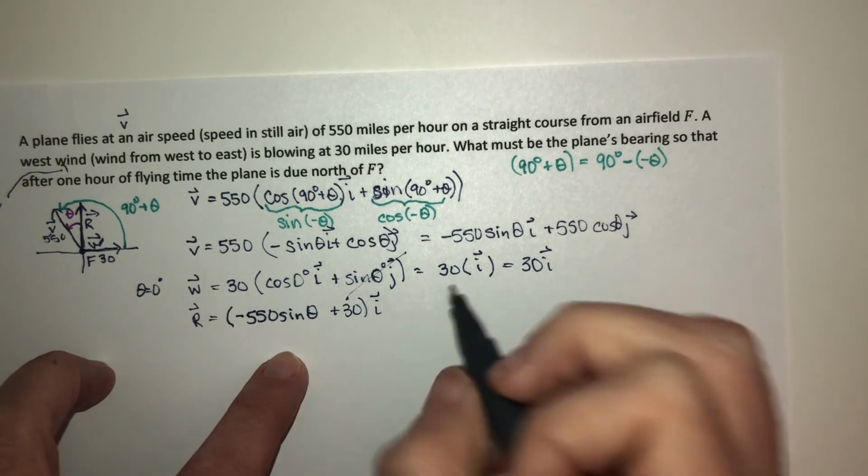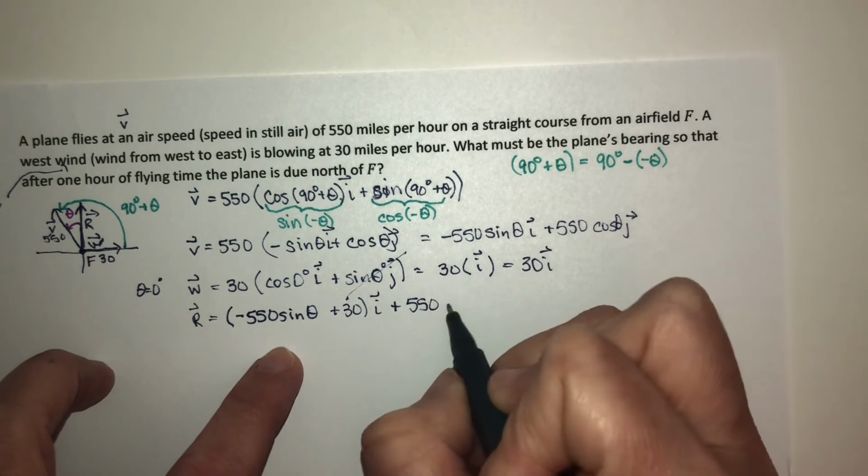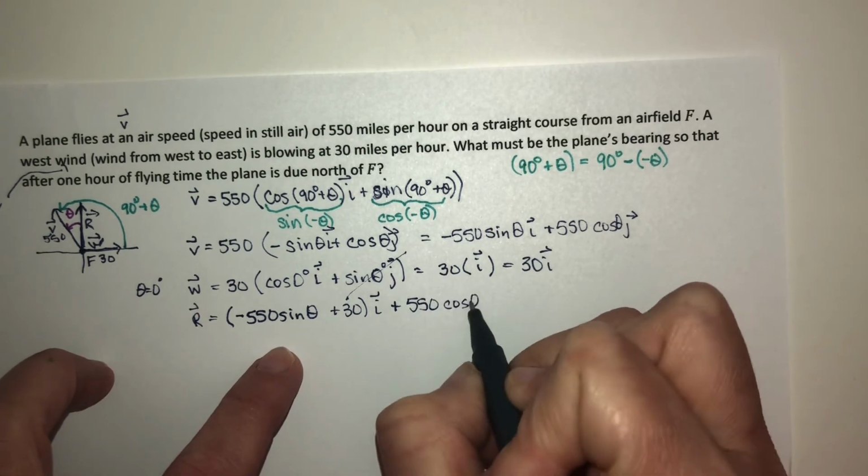And since the other vector doesn't have a j, it's just plus 550 cosine of theta, j.